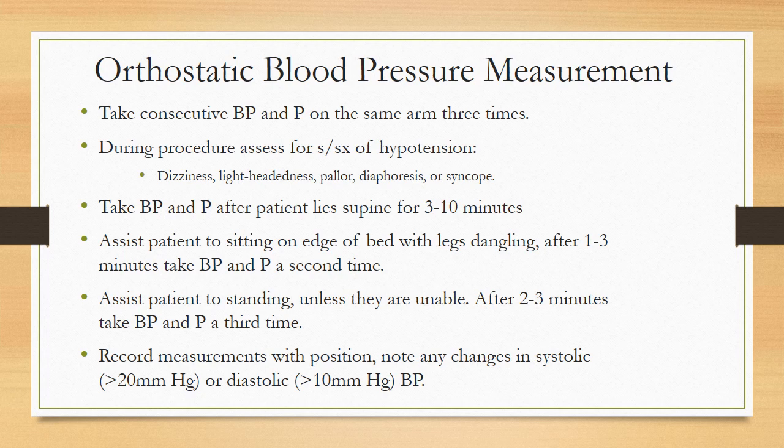So if my blood pressure is normally 120/80 when I'm lying in the bed, and then when I stand up it drops and now I'm 90/50 and I'm dizzy, that's a sign that the patient's having orthostatic difficulties with their blood pressure. Maybe they're dehydrated, maybe they're on the wrong medication, or maybe they have an infection and they're not able to maintain their blood pressure when they stand up.